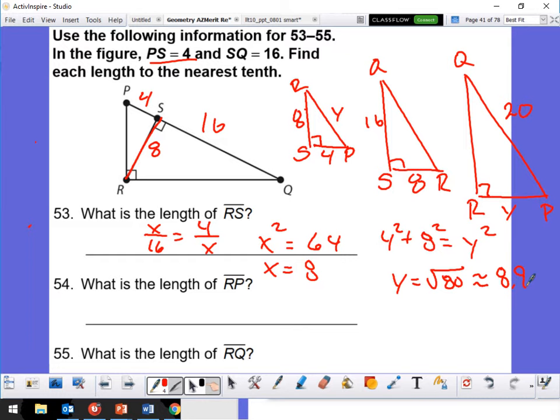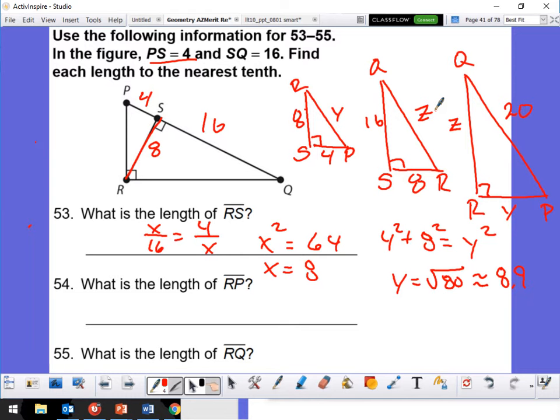So I could do the same thing again for RQ now. Let's say that value would be Z, because RQ is here, and RQ is also here, isn't it? So I could set it up using cross products again, or I could set it up using the Pythagorean theorem.